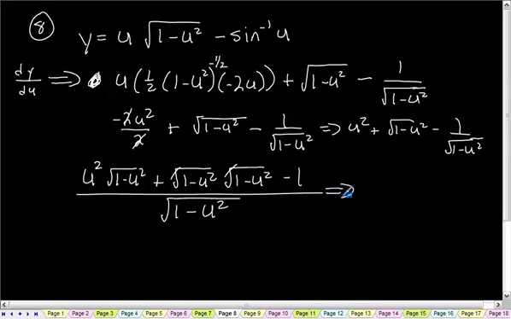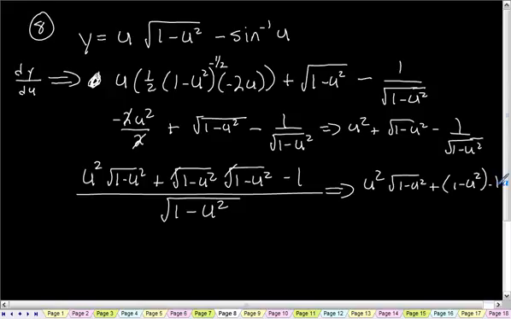So we can do here, we're left with negative u squared plus 1 minus u squared, plus this and this, we're left with just 1 minus u squared minus 1.